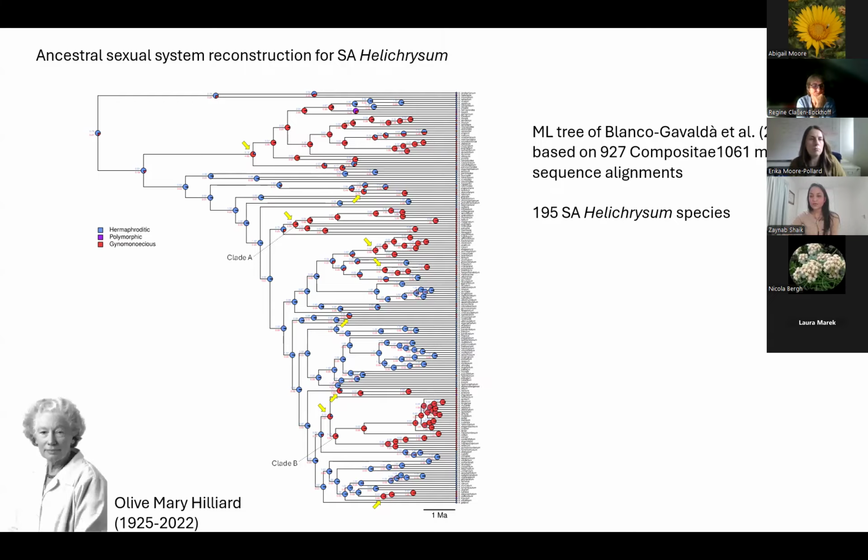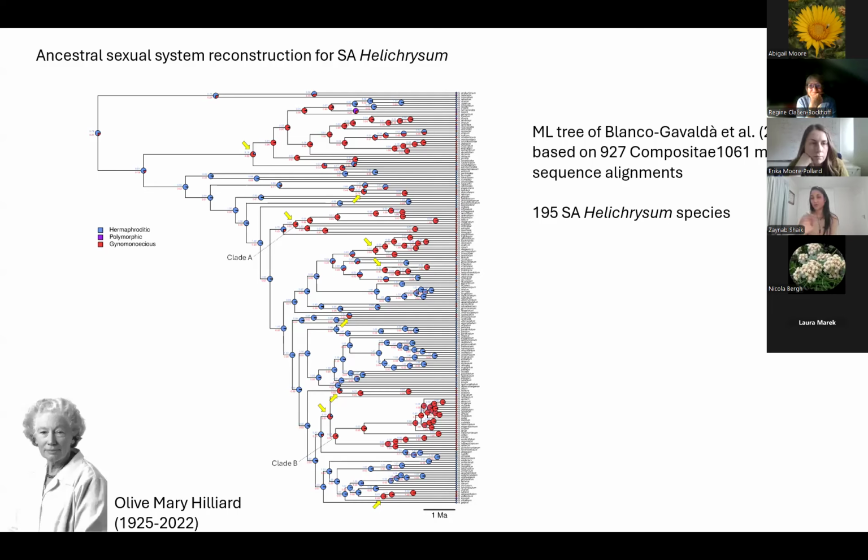Another really important source of data was a treatment of Helichrysum by a now deceased South African botanist and taxonomist, Olive Mary Hilliard. She meticulously counted the numbers of female and bisexual flowers for multiple capitula in each of the 245 species of Helichrysum in South Africa.